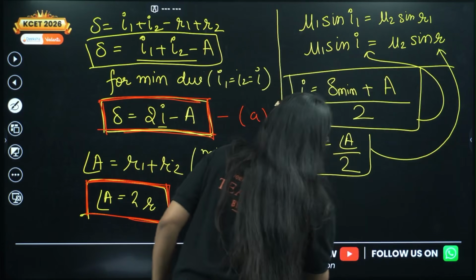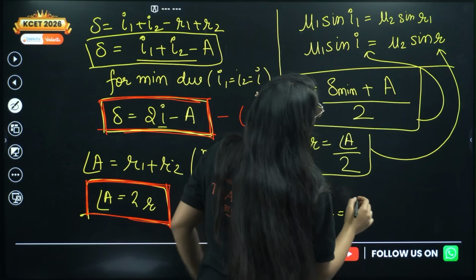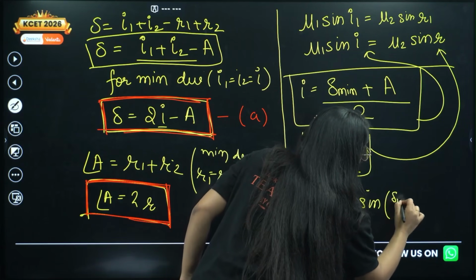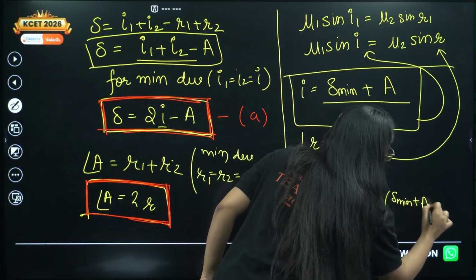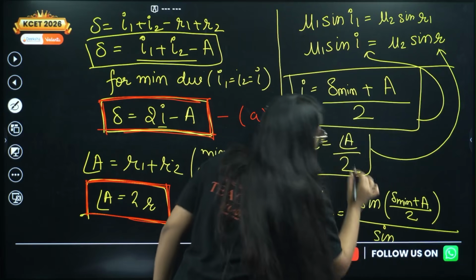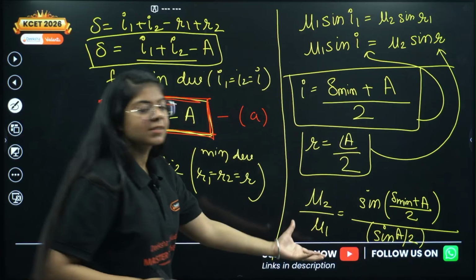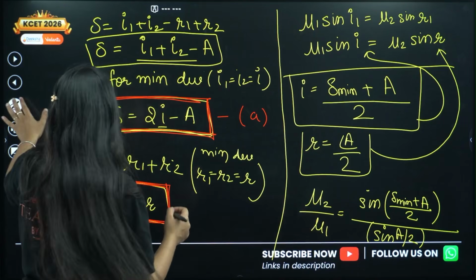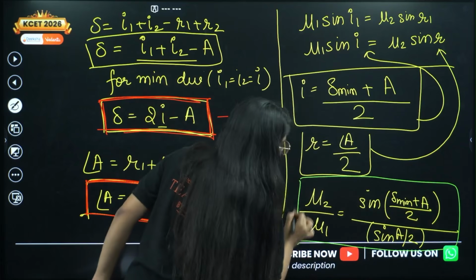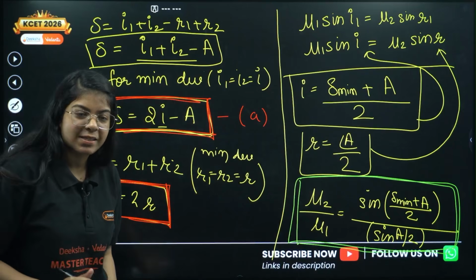We can write mu2 divided by mu1 equals sin I divided by sin R. Sin I is delta minimum plus A divided by 2, divided by sine of R, and R is A by 2. Hence this is the expression for refractive index of the prism. Correct?